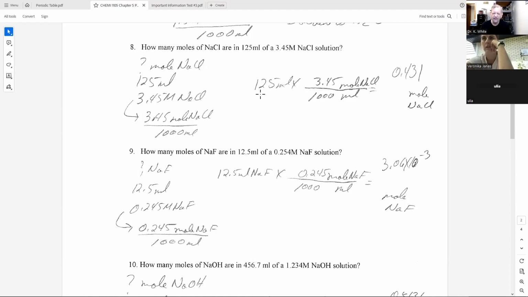Now, the first number, 125, is 3 significant figures. And the 3.45 is 3 significant figures. Now, the 1,000, that's part of the definition, and that's an exact number.